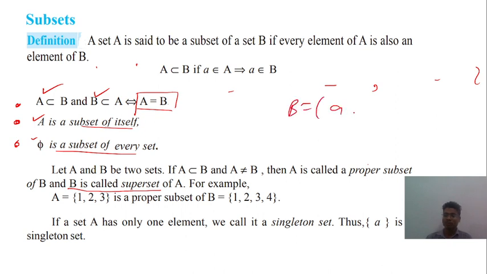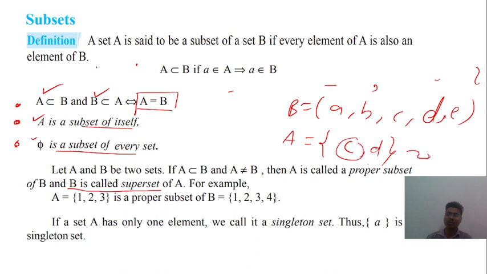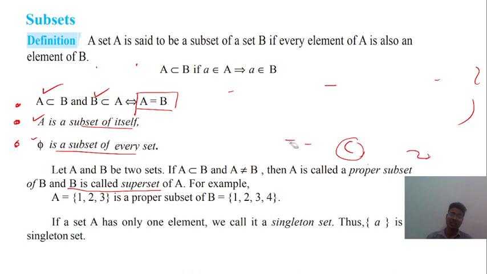Suppose B is A, B, C, D and E, and another set A is C, D. All the elements of A are present in set B, so A is a subset of B. Since A and B are not equal, A is a proper subset of B and B is a superset of A. So any set to be a proper subset must not be equal to its superior set, it should be smaller than it.